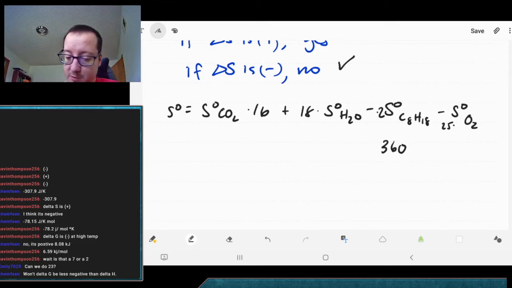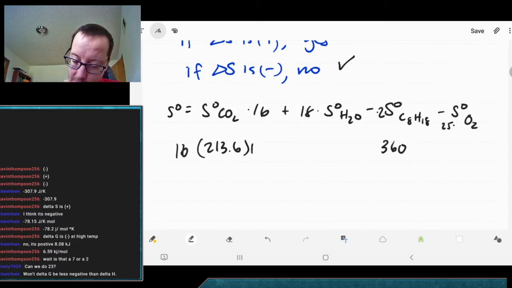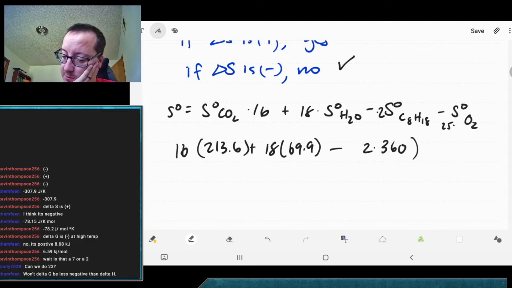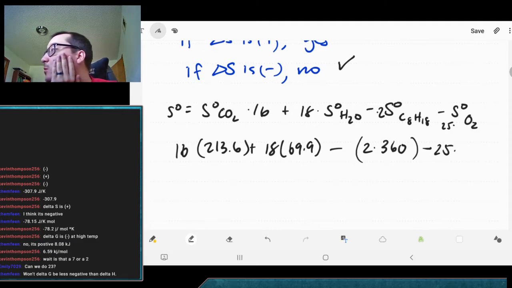So for carbon dioxide, we have 213.6. For liquid water, where is oxygen? Liquid water again was 69.9. We had 2 times the 360, and then 25 times the oxygen, which was 205.